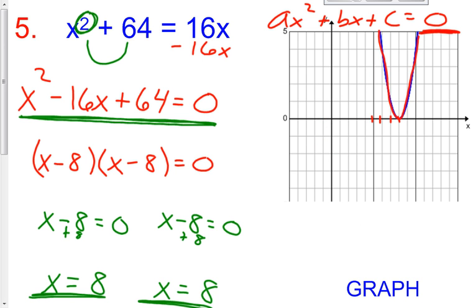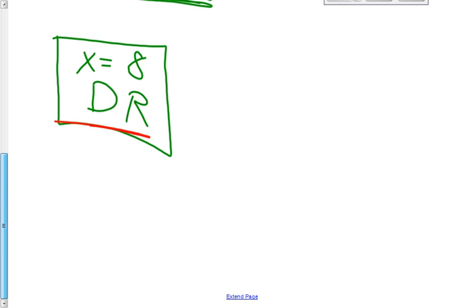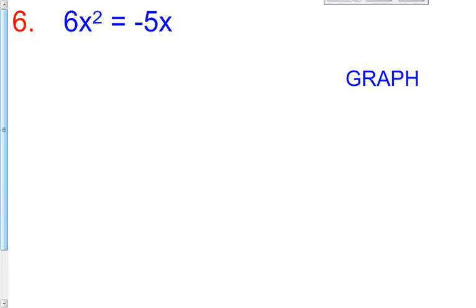So whenever you see a double root, that's what that means. It does touch the x-axis, but it doesn't pass through it. As you can see, this one stays above that fourth quadrant right there. So if you ever see a double root, it doesn't pass through the x-axis, it just touches it.